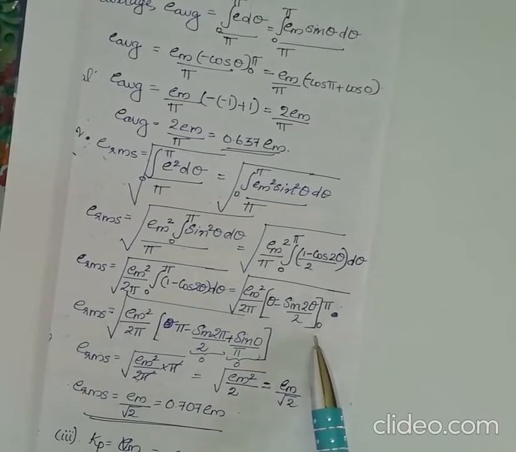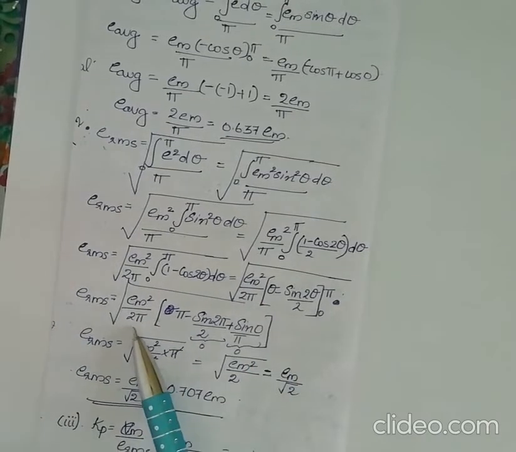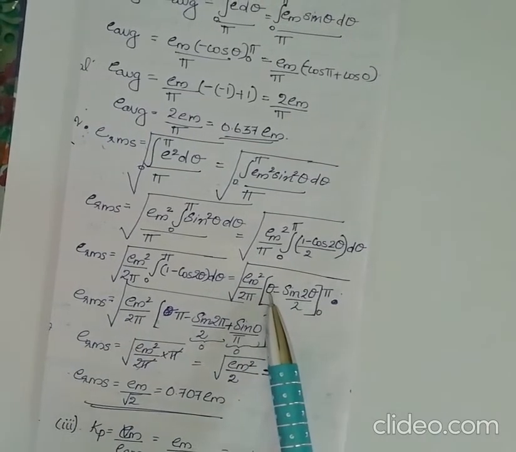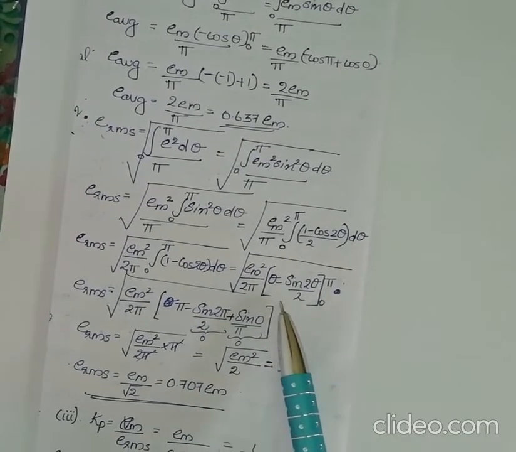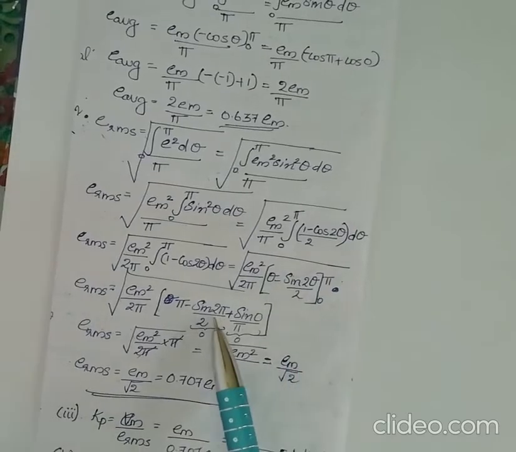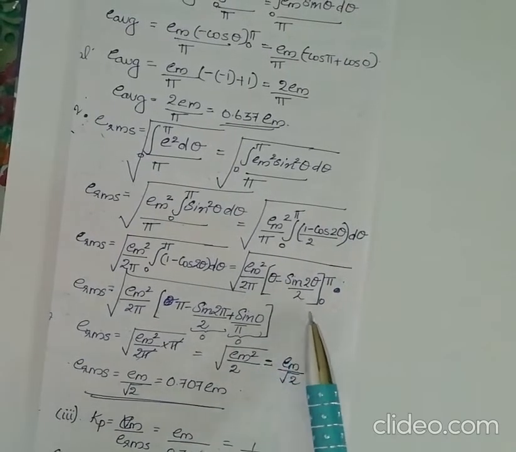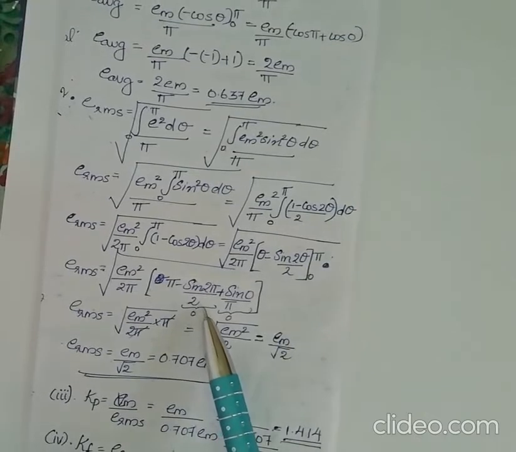And now apply the limit 0 to pi interval. So we can obtain Em square divided by 2 pi. Applying the limits to theta, it becomes pi minus 0, that is pi. Now apply the limits on the second term, that is minus sin 2 pi divided by 2, minus minus sin 0 by 2.